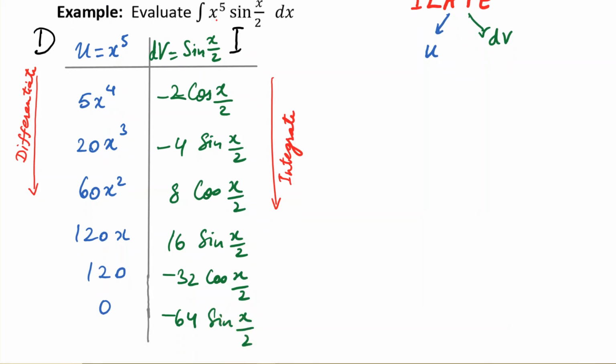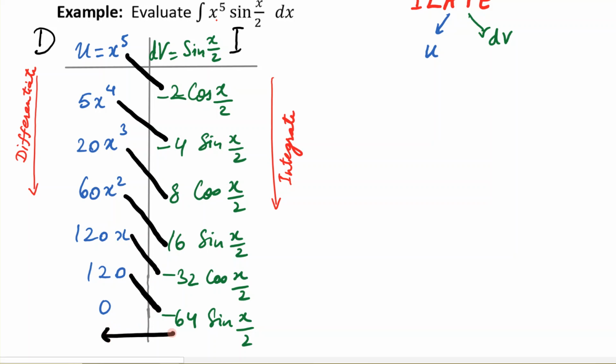Now, in order to write the solutions, we're going to multiply the factors that are in the diagonal. So we're going to multiply this factor with this, with this, with this, and in the end, we're going to do our horizontal multiplication, and we're going to take the integral of this horizontal term.